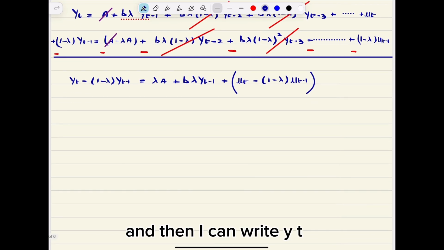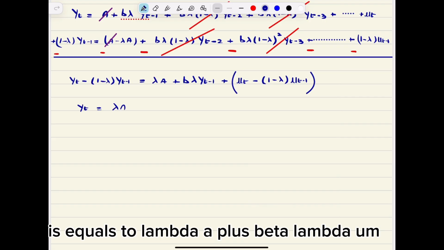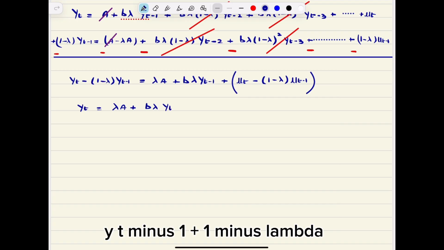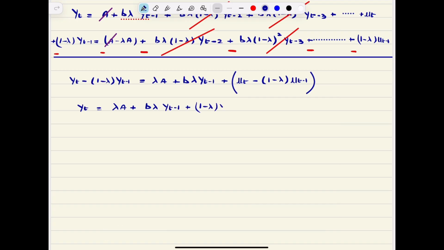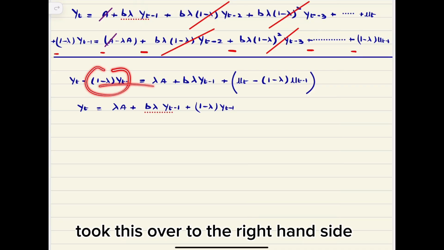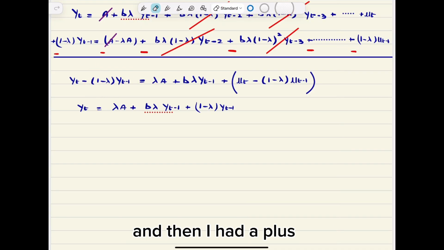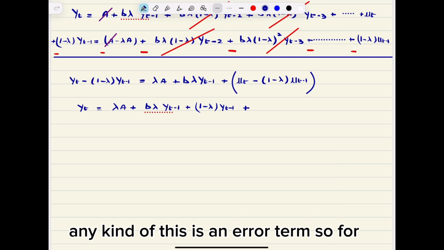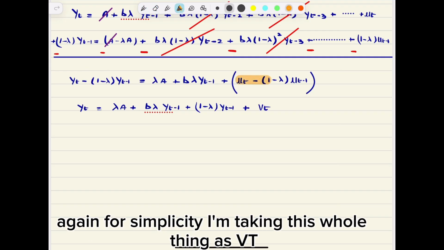And then I can write y_t equals lambda a plus beta lambda y_{t-1} plus (1 minus lambda) y_{t-1}. So I basically took this over to the right hand side, and then I had a plus, this is an error term. For simplicity, I'm taking this whole thing as v_t.